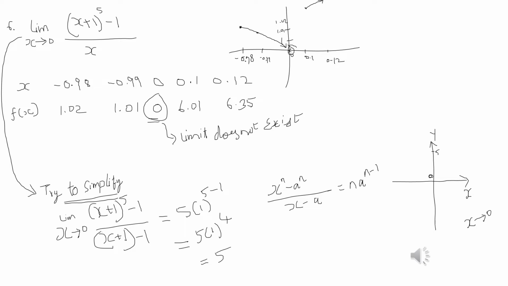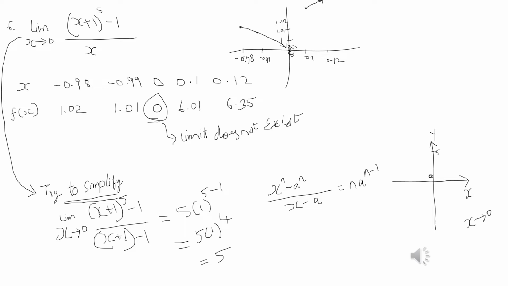Below I try to simplify the given problem by using the formula: x to the power of n minus a to the power of n, divided by x minus a, equals n times a to the power of n minus 1. A simple equation.